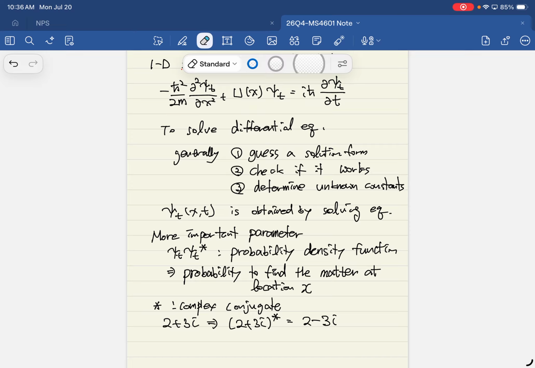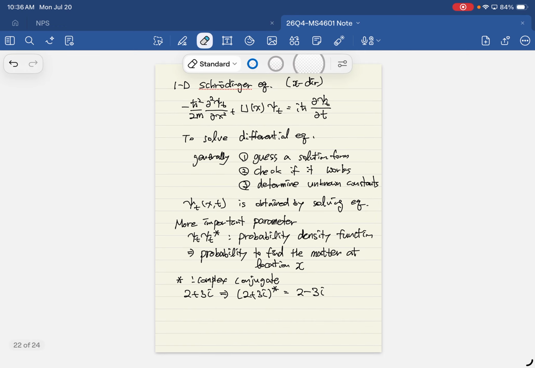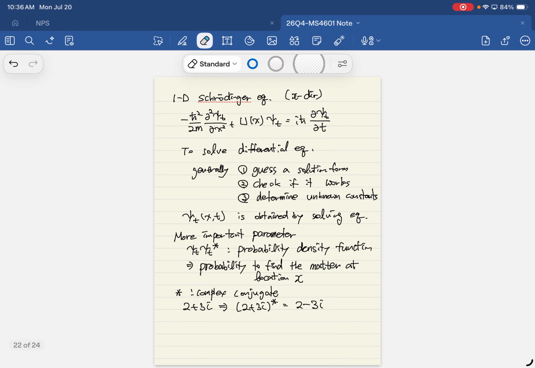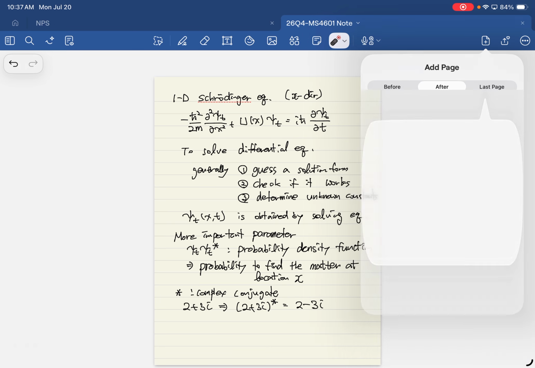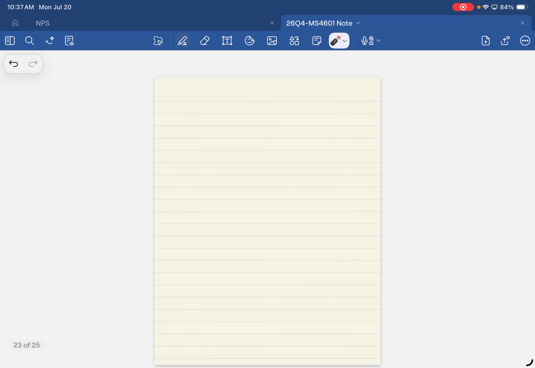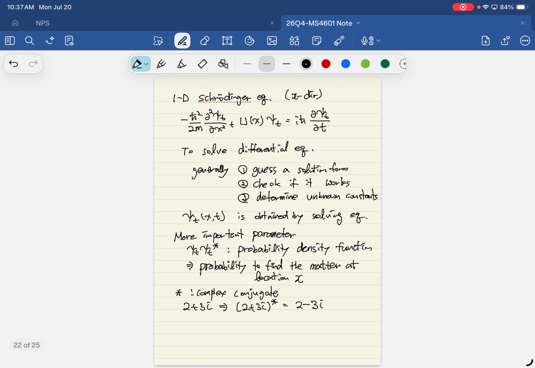Okay? So this is kind of confusing, but that is the core concept of quantum mechanics here. It only tells us the probability, not a deterministic event. And we are going to talk about that over and over, okay? But for now, let us try to work on this Schrodinger equation, okay? So let me write it down again here.